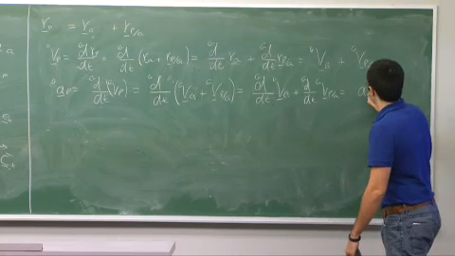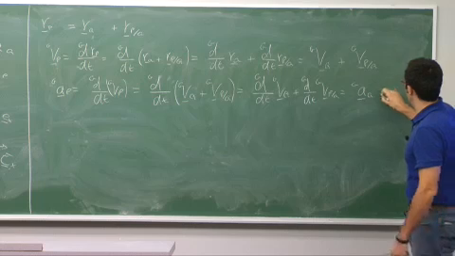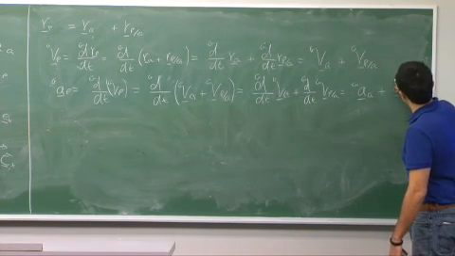This is the acceleration of Q with respect to the ground. I have it somewhere. And this is the acceleration of P with respect to Q as seen by an observer fixed to the ground.